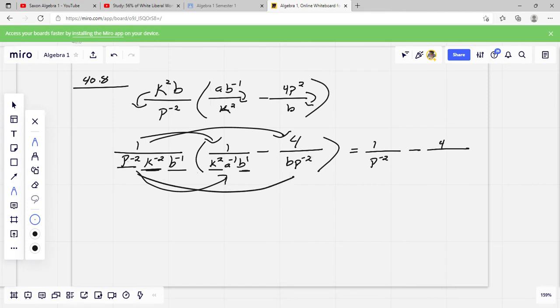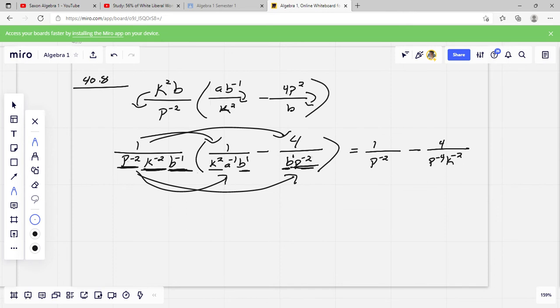And then we're going to rainbow this way. So p negative 2 times p negative 2 would be p negative 4. Negative 2 and negative 2 is negative 4. Right, and then k negative 2. I don't have any k's over there, so I'm going to write k negative 2. And then b to the 1 and b negative 1. 1 minus 1 is 0, so there's no b on that one.